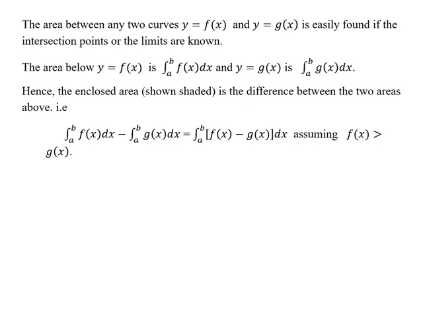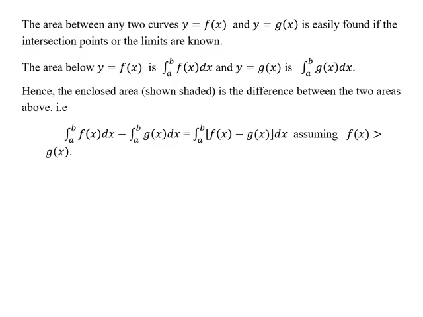With that curve, we know that y equal to f of x is above y equal to g of x. So the area below y equal to f of x is integral f of x dx, and for y equal to g of x it is integral g of x dx. The one above is y equal to f of x, and the one below is y equal to g of x.